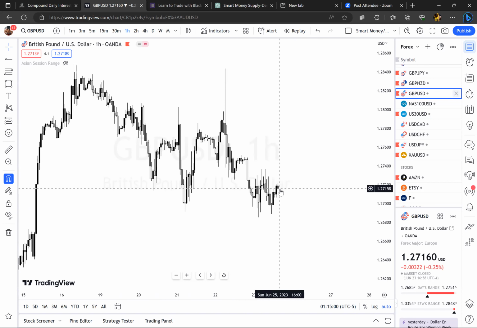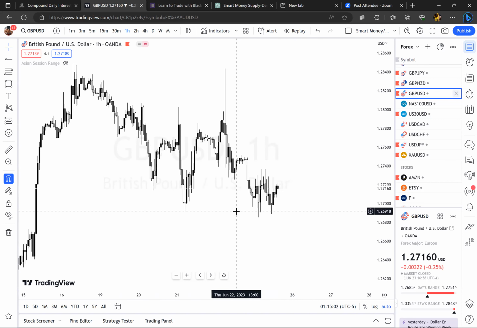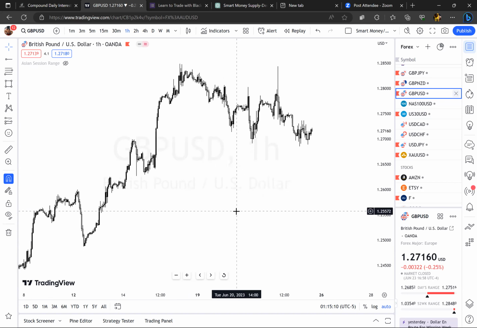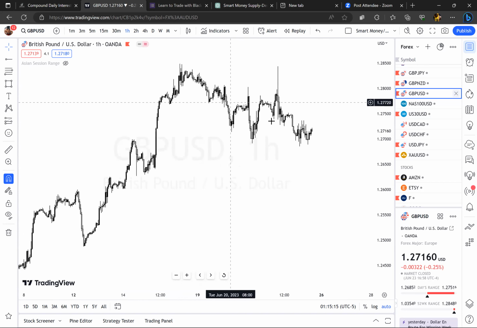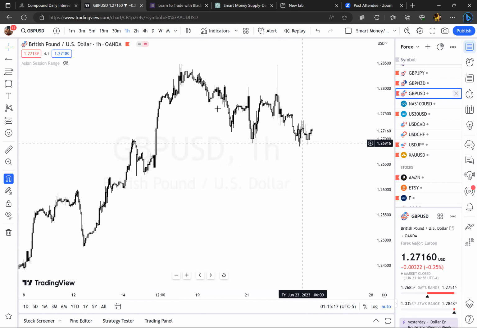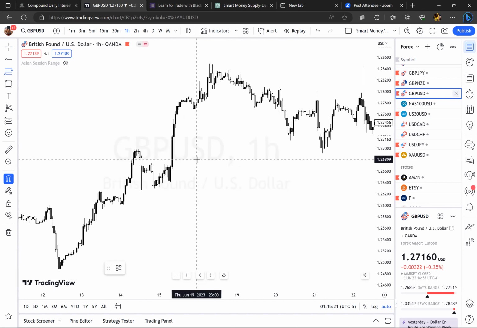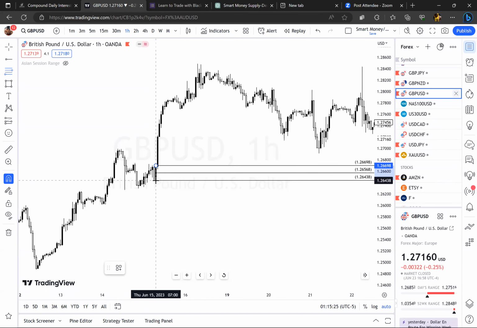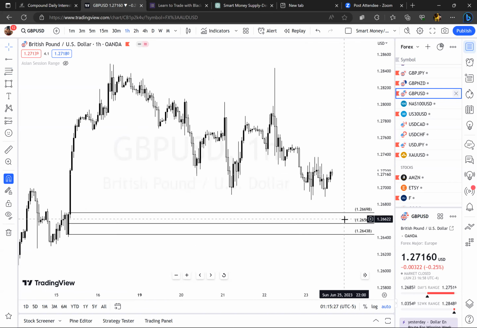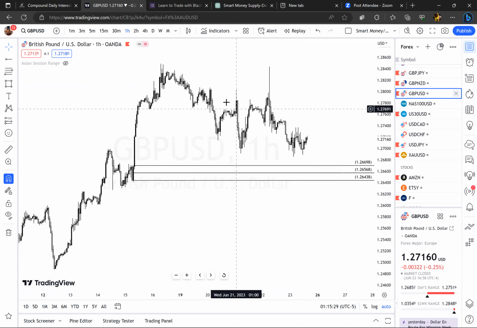This one's kind of tricky because it was coming up, taking a slow move down. This might be a retracement down to about here somewhere. That might very well be a retracement.